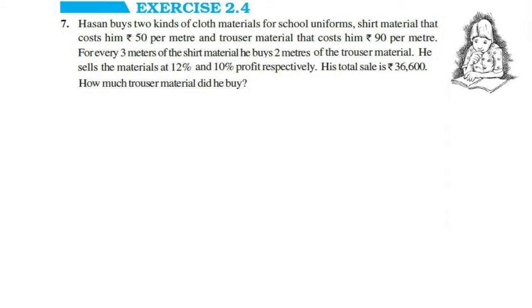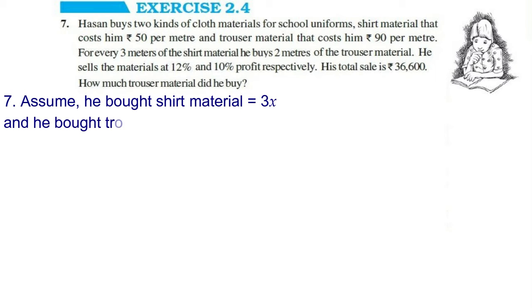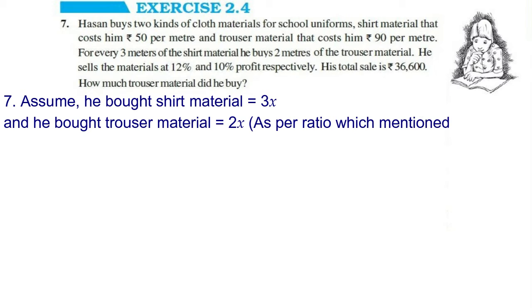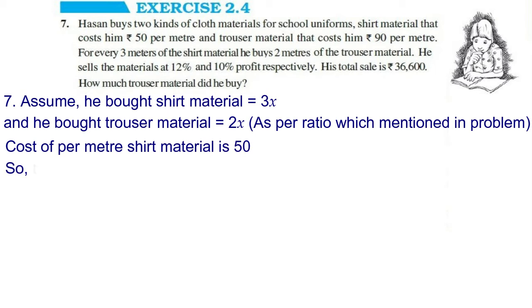So as per the problem, for every 3 meters of the shirt material, he buys 2 meters of the trouser material. So let us assume 2x meters of trouser material and 3x meters of shirt material are bought by him, and the cost per meter of shirt material is 50 rupees and the cost per meter of trouser material is 90 rupees.